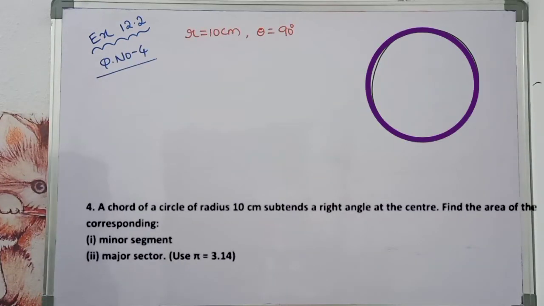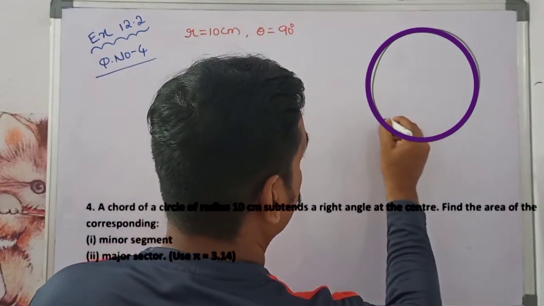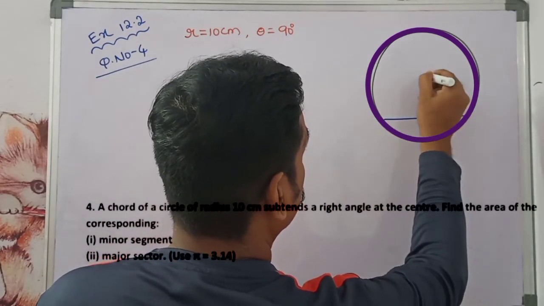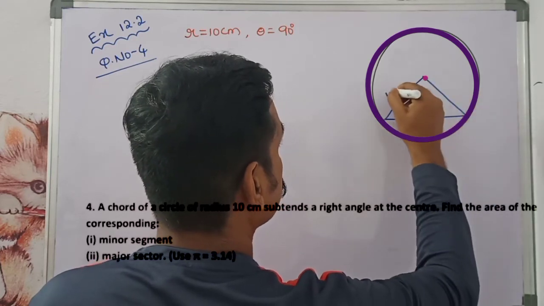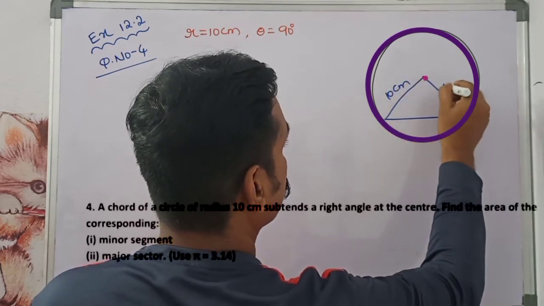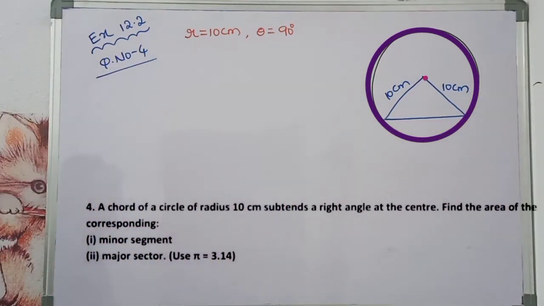A chord of a circle of radius 10 centimeters. This is the chord they have given, and the radius they mentioned is 10 centimeters, and it subtends a right angle at the center.